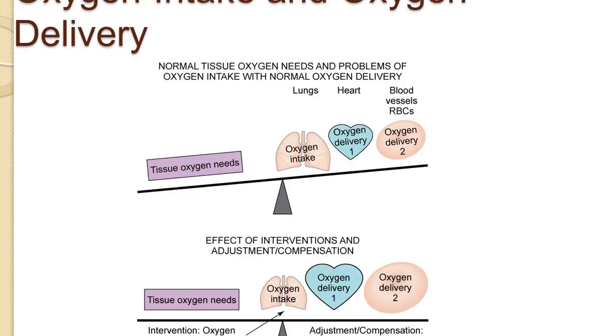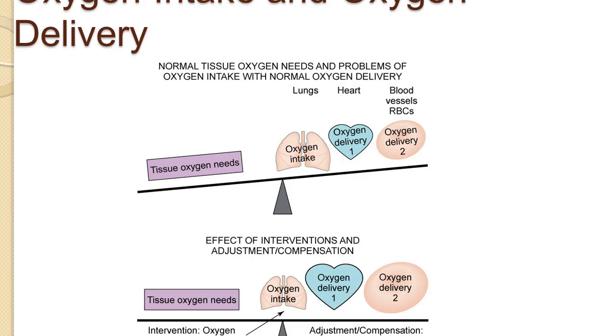Again, this slide just denotes oxygen intake and oxygen delivery, and whether we are meeting the needs of the patient. Are the tissue oxygen needs being met by providing proper levels of oxygen, in collaboration with the cardiac system and the hematology system in regards to red blood cells?